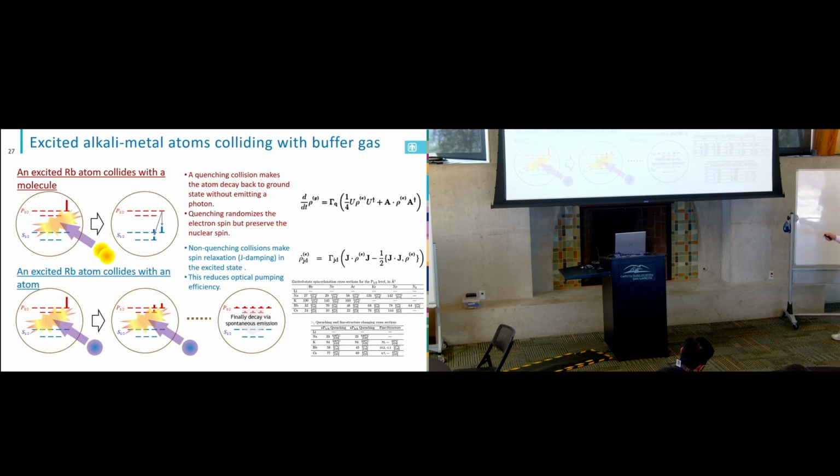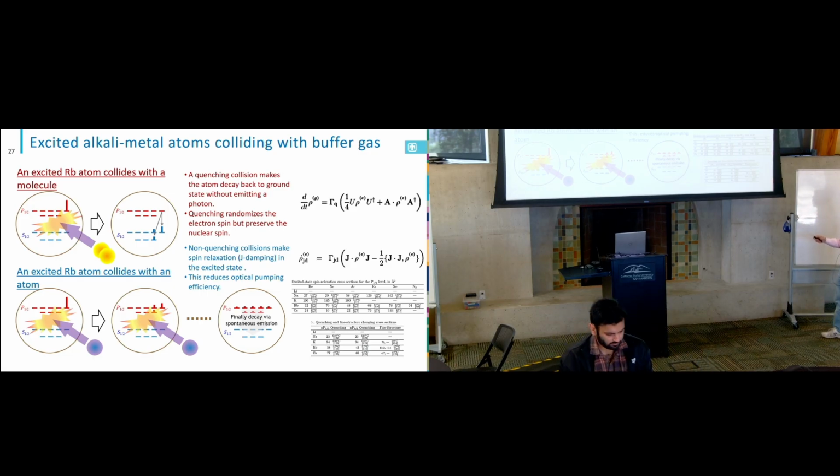So far we've been talking about the ground state spin relaxation or decoherence mechanism, and then also the excited state relaxation mechanism. One thing I mentioned is the quenching mechanism. When an excited atom collides with a buffer gas particle, it will get de-excited back to the ground state without re-emitting photons.